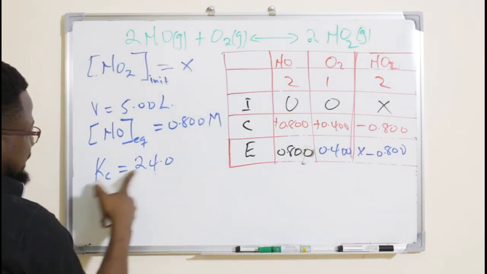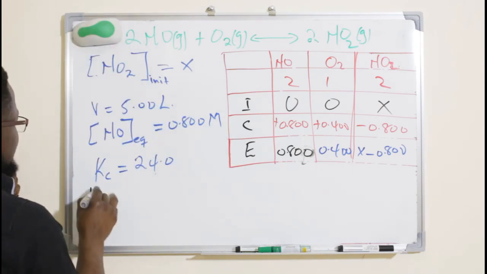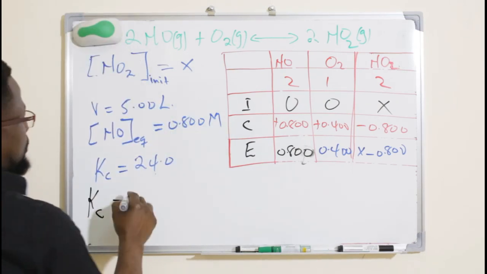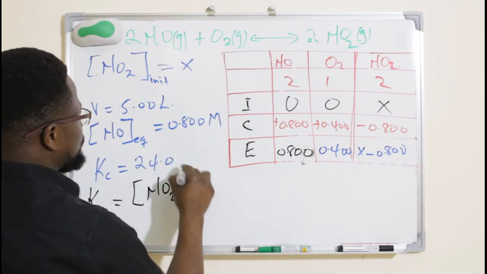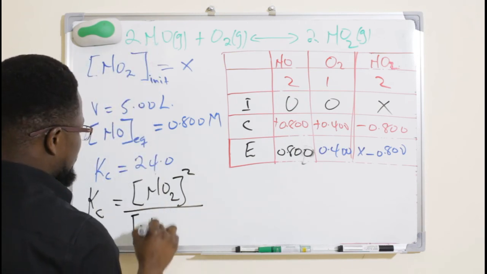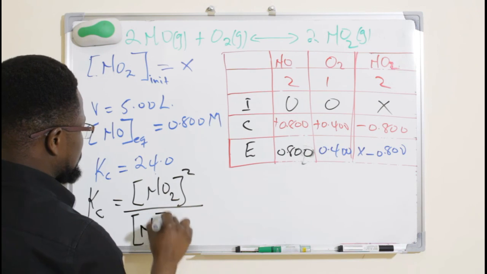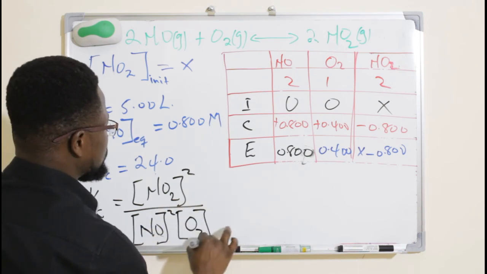Write the Kc expression, which is the concentration of NO2 squared divided by the concentration of NO squared multiplied by the concentration of O2.